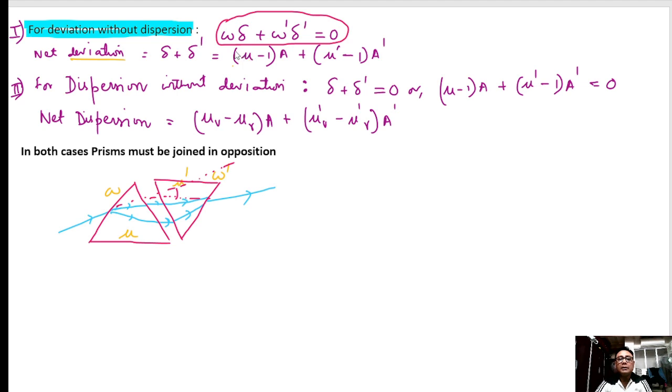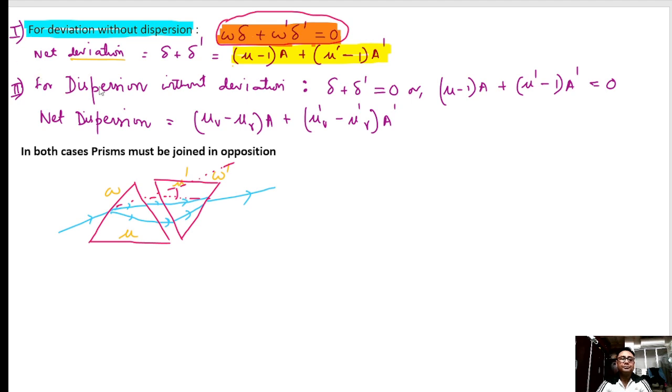This is our net deviation: deviation of the first prism plus deviation of the second prism. And for without dispersion, this is the dispersion condition. Net dispersion is 0. So this is the deviation part, this is the dispersion part.